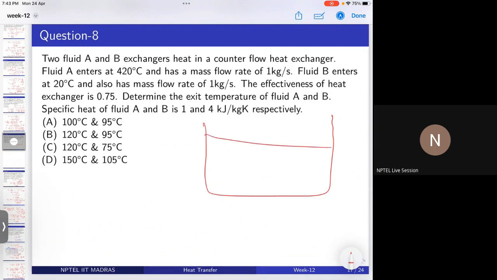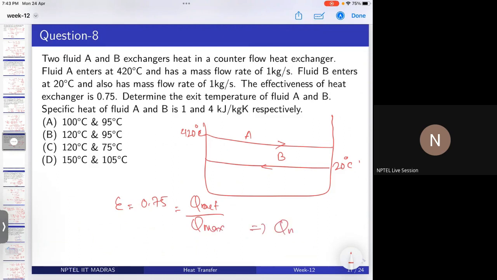So we are given the hot fluid A enters at 420 degrees Celsius. It's a counterflow heat exchanger, and fluid B enters at 20 degrees Celsius. The effectiveness is given as 0.75, which is equal to Q actual divided by Q max. So you can easily find out what is Q max.